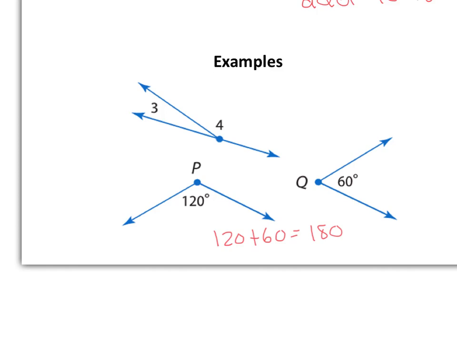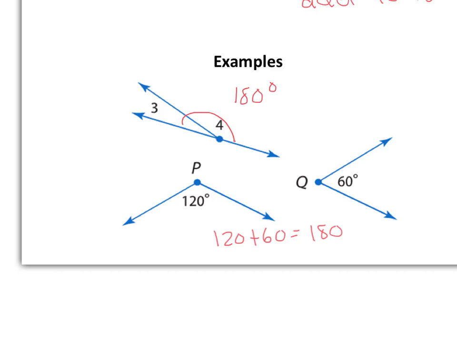In the second case, we're looking at a straight line and then a ray forming angle 3 and angle 4. What we have to remember is that all straight lines have an angle measure of 180 degrees.